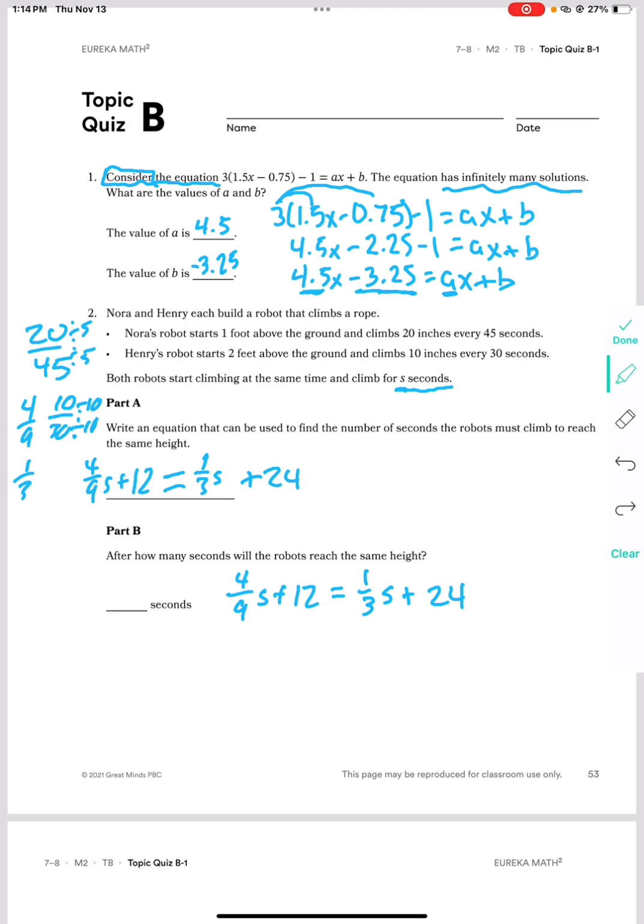All of this over here is going to equal something, I'm going to call it A. All of this over here is going to equal something, I'm going to call it B. A and B are said to be equal to each other according to the equation. So I should have the ability to multiply B times a number and A times that same number, and they should still stay equal. But doing that will help me get whole numbers instead of using fractions. Very simple concept.